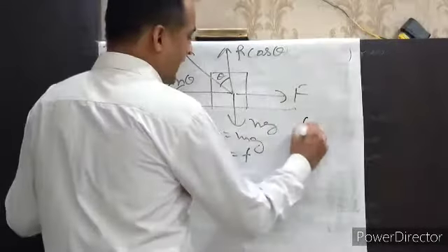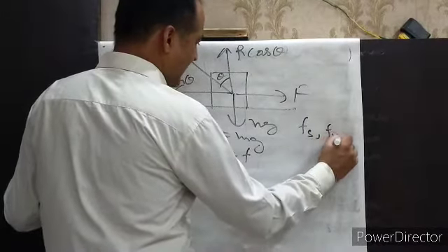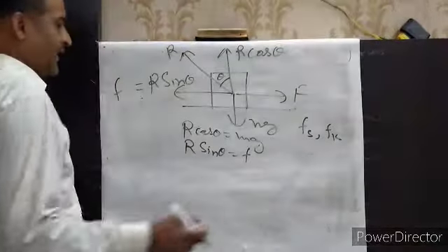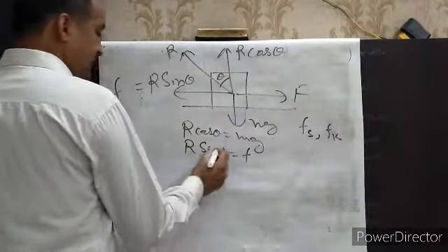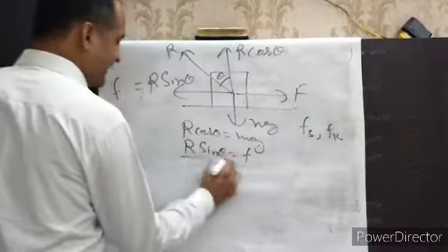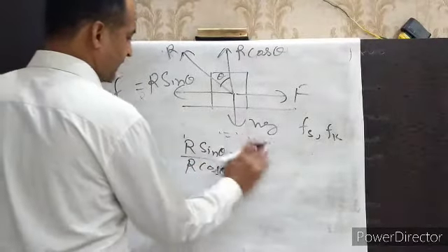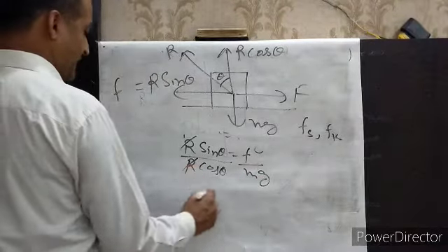Now friction Fs, Fk. Fs is static friction, Fk is kinetic friction, and the third one is limiting friction. Suppose we divide r sin theta upon r cos theta. R sin theta upon r cos theta is equal to F by mg. Then r cancels.